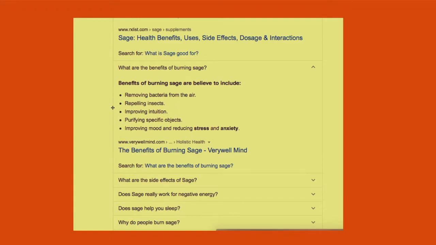See this? This is the shit you didn't read. You didn't read or study this. So this is one of the benefits that this has. So this element alone has the ability to improve intuition. That's what it says on here. And here they even say purifying specific objects.